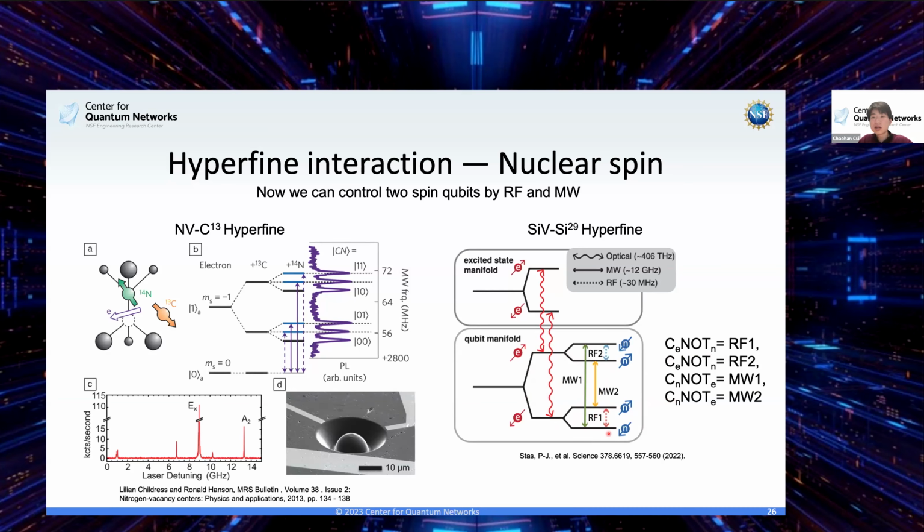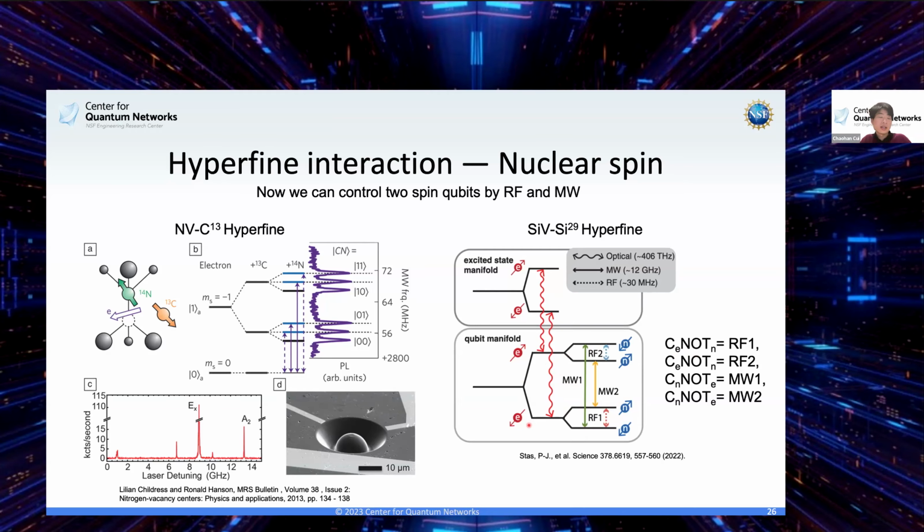When you turn this RF1 tone on, it basically converts your state, equivalent to a control-NOT gate, where your electron spin controls whether you're going to flip the nuclear spin or not. So this is basically a two-qubit logic gate between your electron spin and your nuclear spin that can help you transfer your quantum state in your electron spin to your nuclear spin.